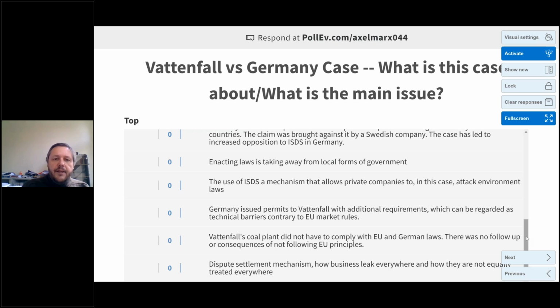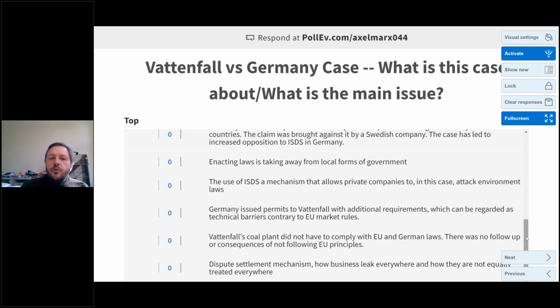And the tightening of environmental regulation will increase the cost of building a plant. And if you increase the cost, then of course the return on the investment value might decrease. And that's what Vattenfall did not like.